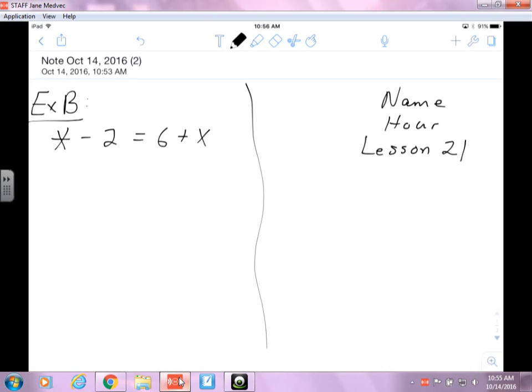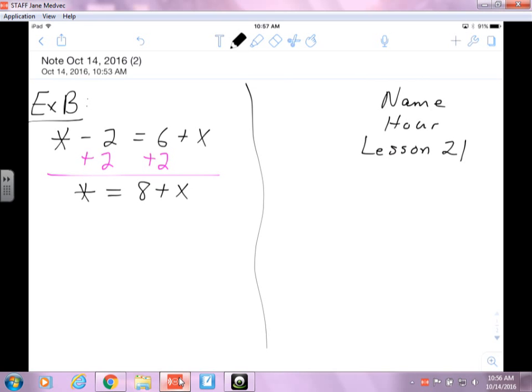Again, I need my numbers on one side and my letters, or my pawns, on the other. So what I'm going to do here is add 2 to each side. Again, this is not the only way to do the problem, but it's what I'm choosing to do. So star equals 8 plus x.